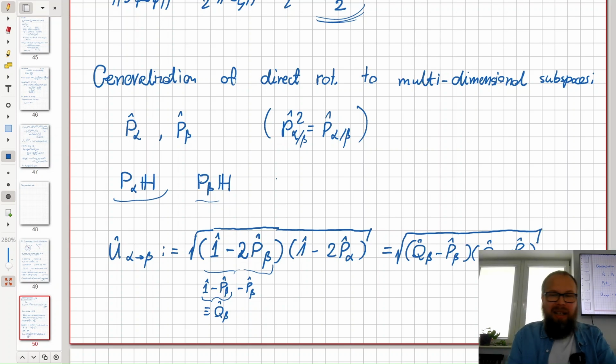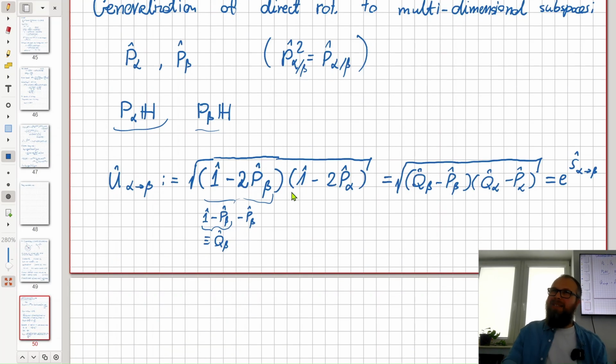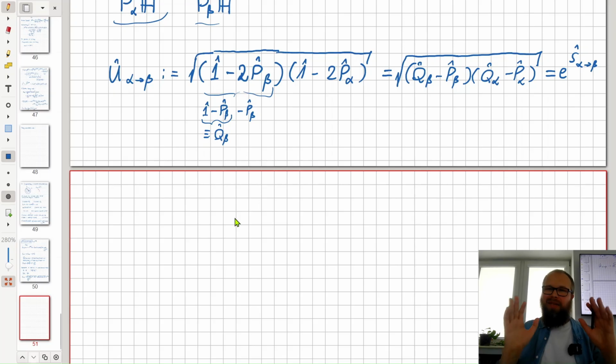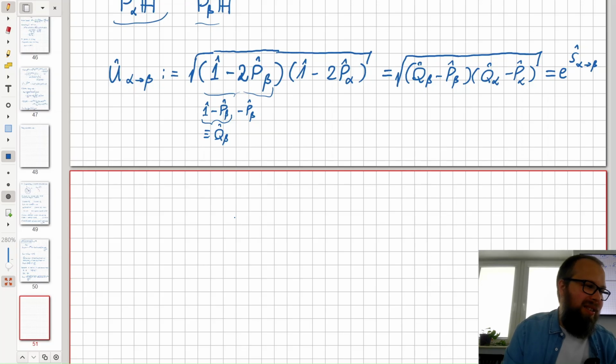This will have a generator, which we call S alpha to beta. I'm claiming, without explaining myself yet, because there will be some restrictions, that this will execute direct rotation between those two subspaces, and the generator will have properties analogous to what we wrote previously for the one-dimensional case.